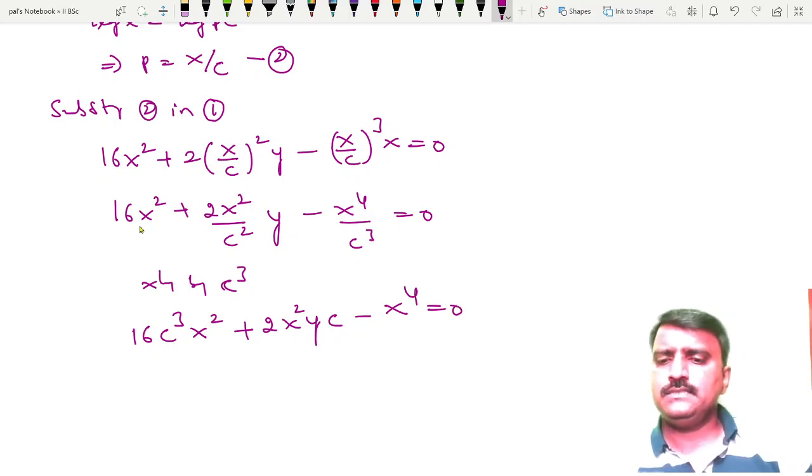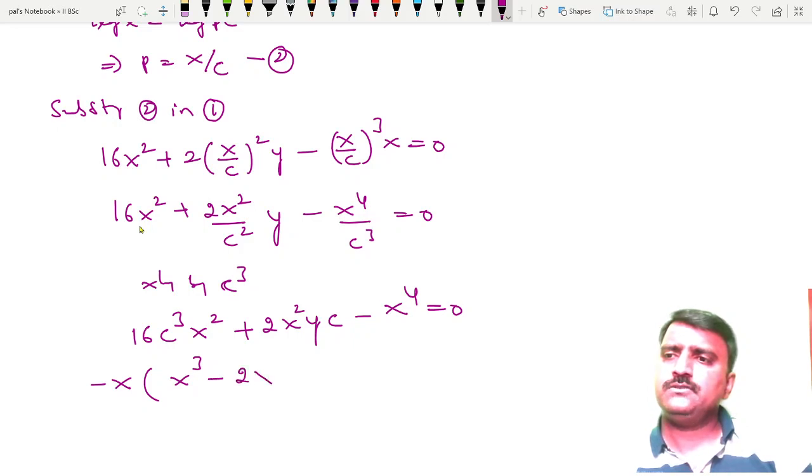Or if you take minus x as a common factor, then remaining here is x cube and remaining here is minus 2cxy and minus 16c cube.